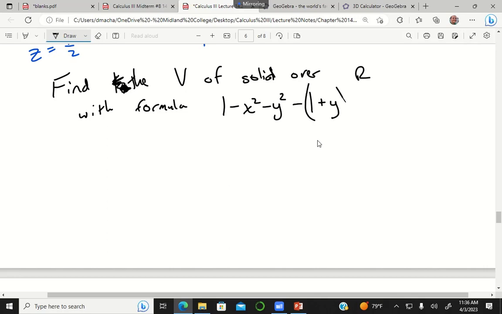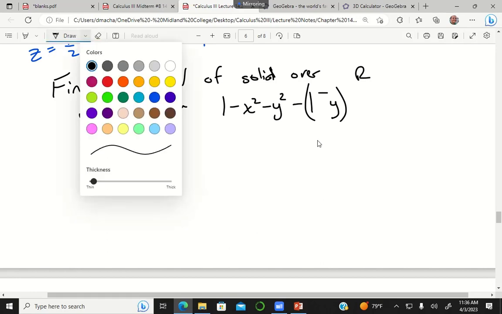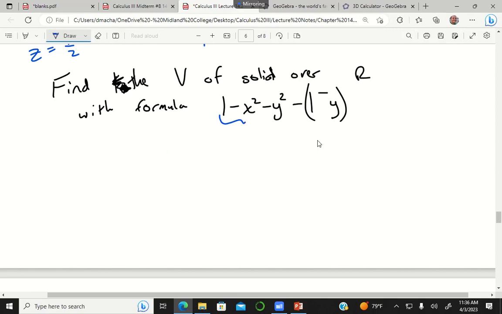Or I should say minus (1 minus y). So this, of course, is my paraboloid equation. And since I know it's on top, I'm doing top surface minus bottom surface, so paraboloid minus the plane.